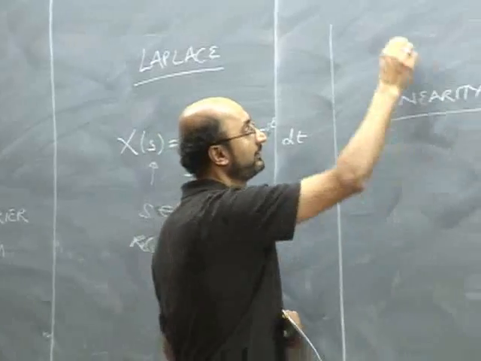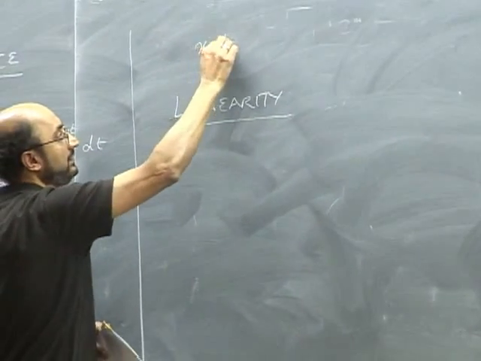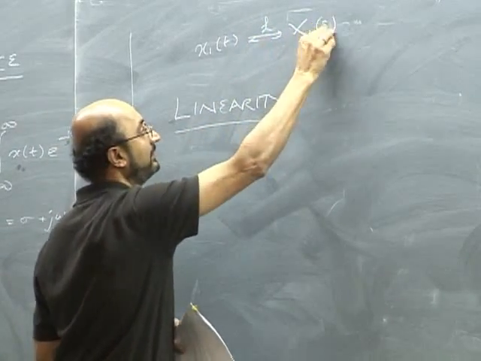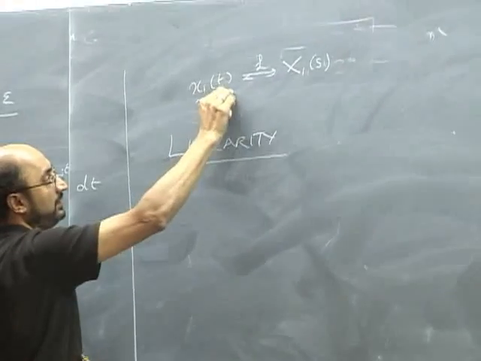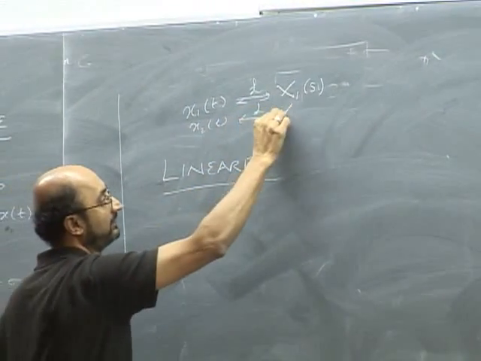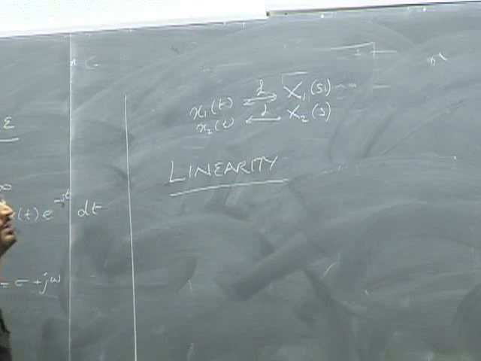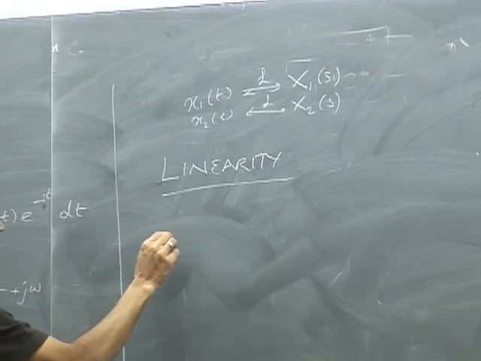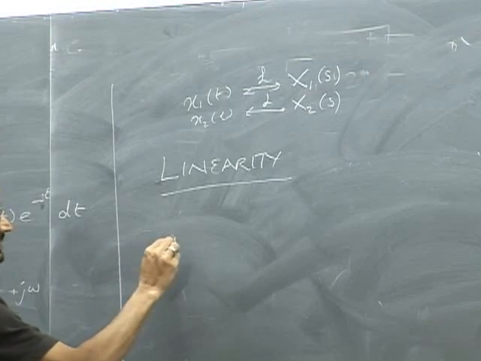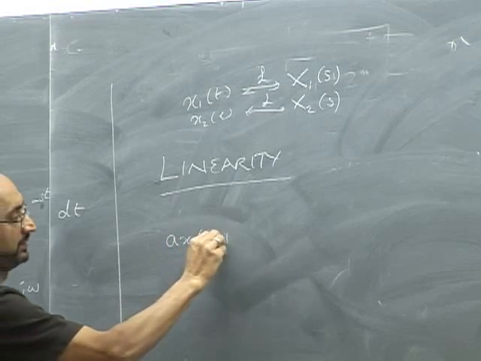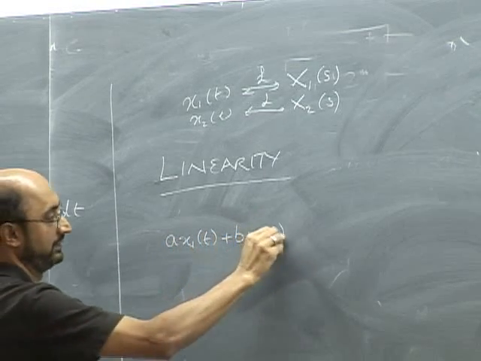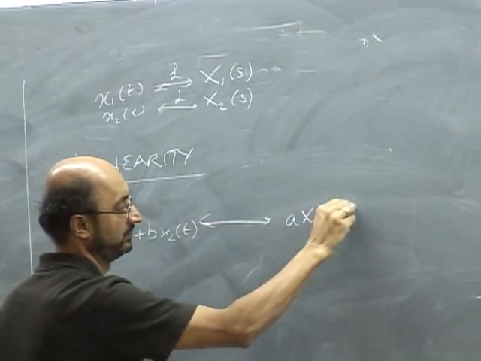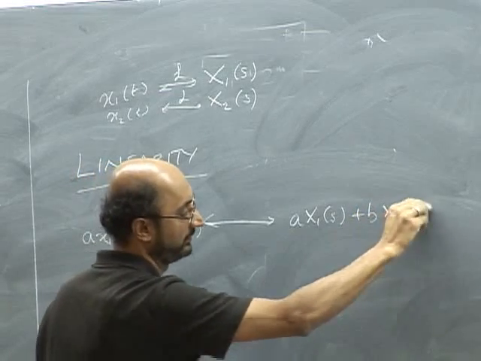Okay, so linearity says that, and we'll just assume that x1(t) has the Laplace transform X1(s) and x2(t) has the Laplace transform X2(s), where that's given. So linearity basically says that the transform of a x1(t) plus b x2(t) is a X1(s) plus b X2(s).